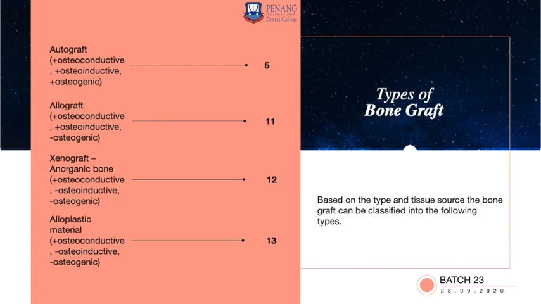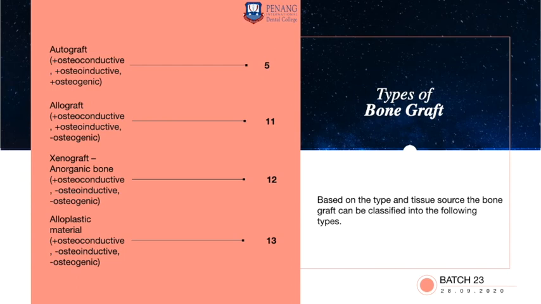The next level of bone graft is an allograft. These are graft materials harvested from the same species but a different individual. For example, bone is removed from a cadaver and treated with chemical agents so that it will not cause any immunological response, and is used as a graft material for the recipient site.